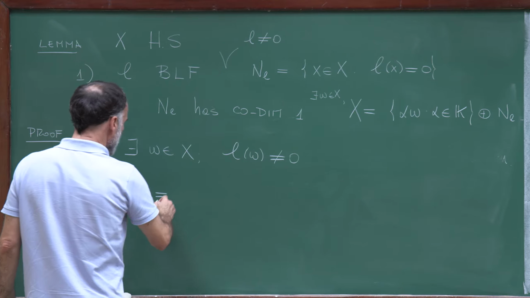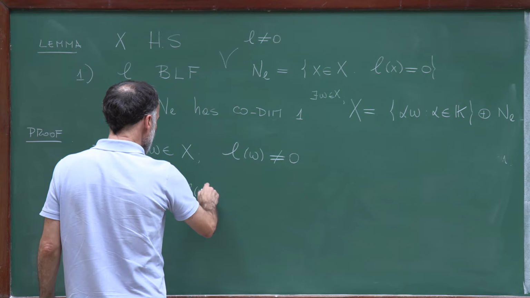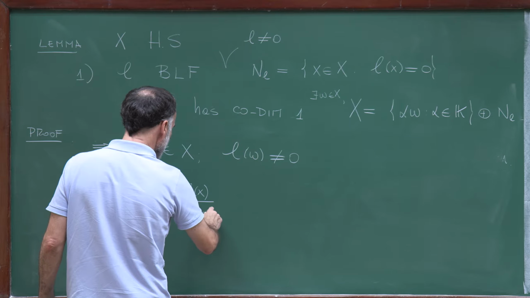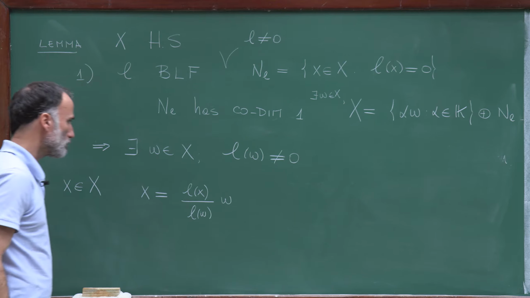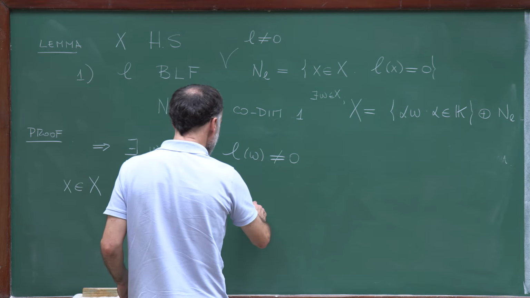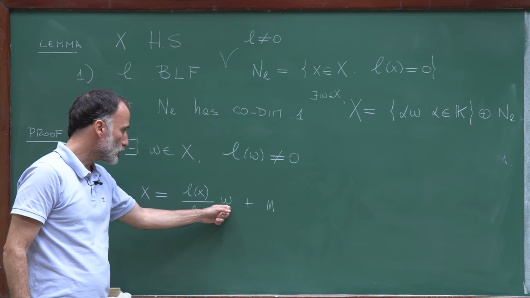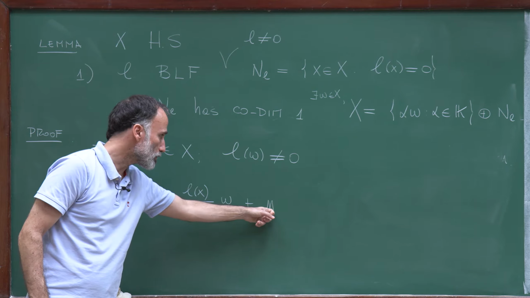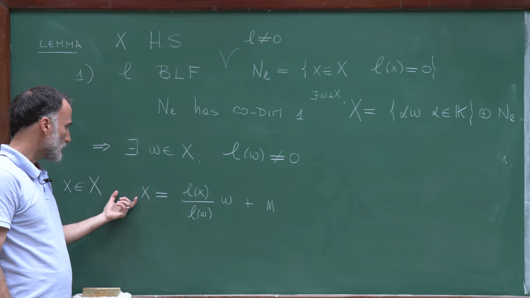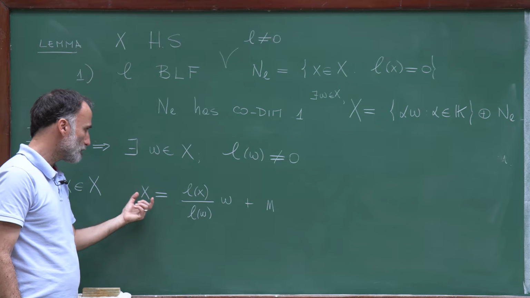And, well, what we will do is we'll define, since L of W is different from 0, I can always divide by L of W, because, well, if I have to represent x as a scalar multiple of W plus an element in the null space, if I apply L, so if I have this identity, by applying L on both sides, on the left-hand side I get L of x.